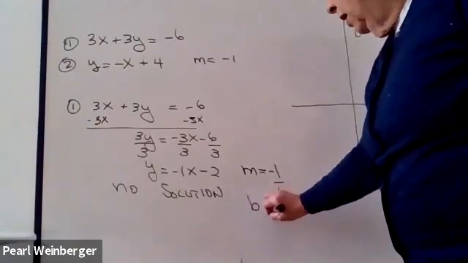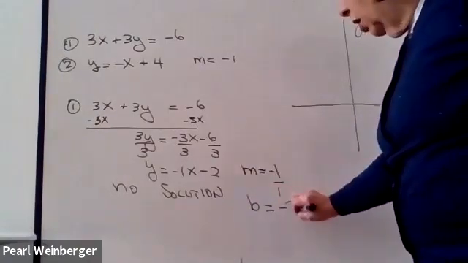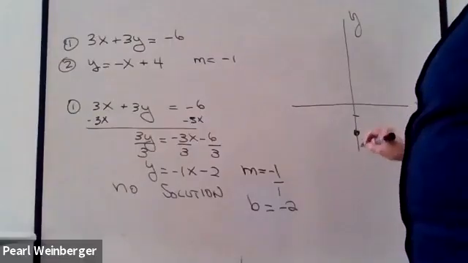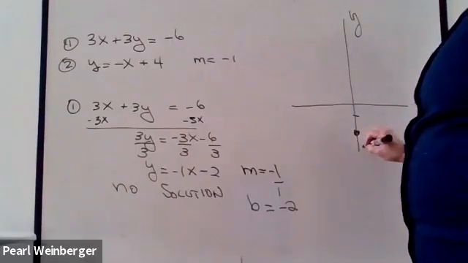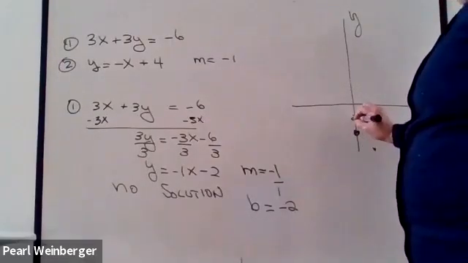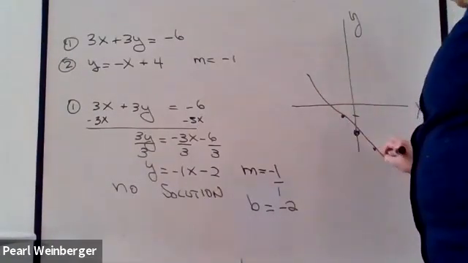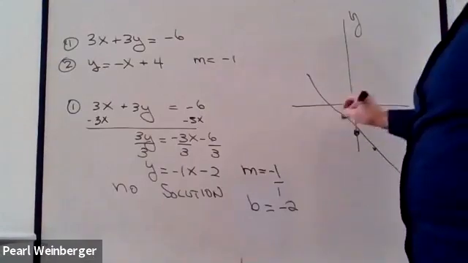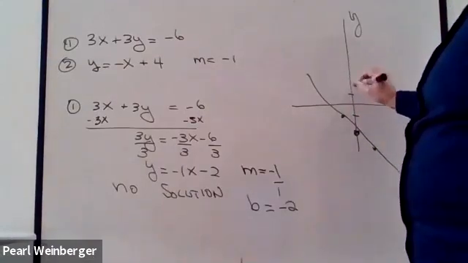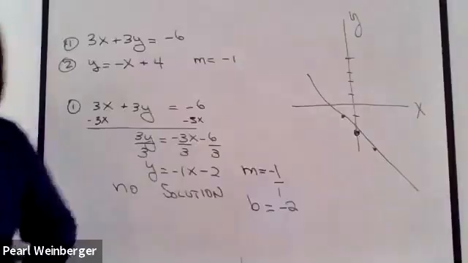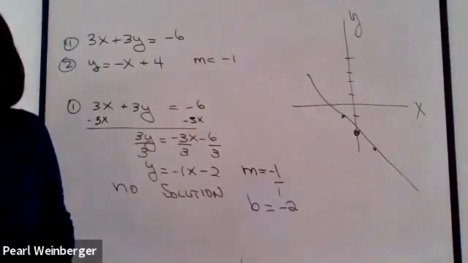And my b is -2. Oh, it's -2, okay. And then from there you would go down 1 to the right, or up 1 to the left, and you get a line that looks like this. And the other one happens to go through 4. Yeah, I think I must have done the first one wrong because my b was like -2 over 3. Okay. Yeah, that's why.